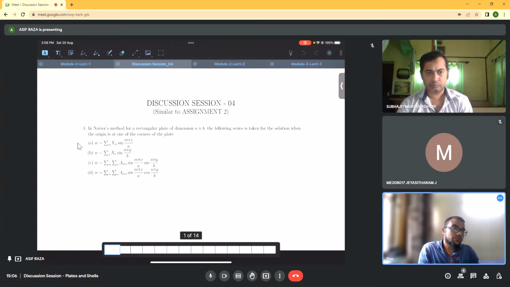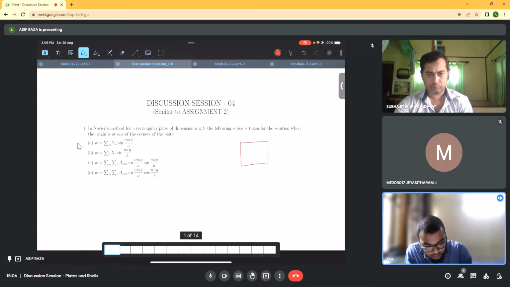The first question is: in Navier's method for a rectangular plate of dimension a by b, the following series is taken for the solution when the origin is at one of the corners of the plate. We are given these four options. So what is there in Navier's method?